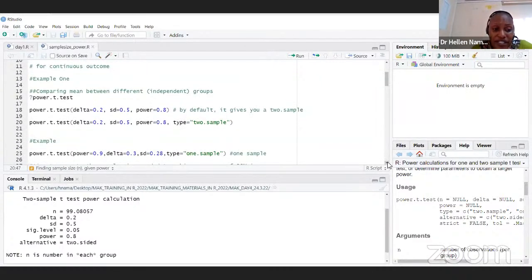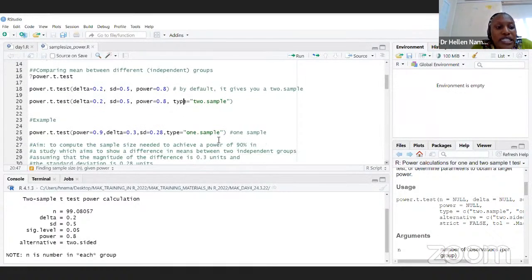So basing on that, from the conclusion, you can say if the difference in the mean size is 0.2 with a standard deviation of 0.5 and power of 0.8, that is 80%, then the recommendable sample size is going to be 99 from each independent group. In total, it will be 99 times 2.